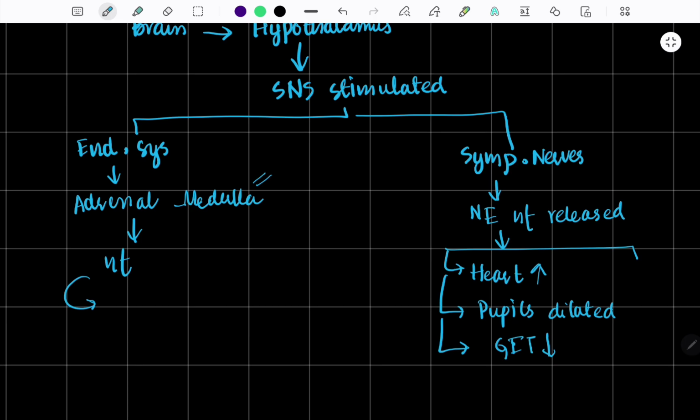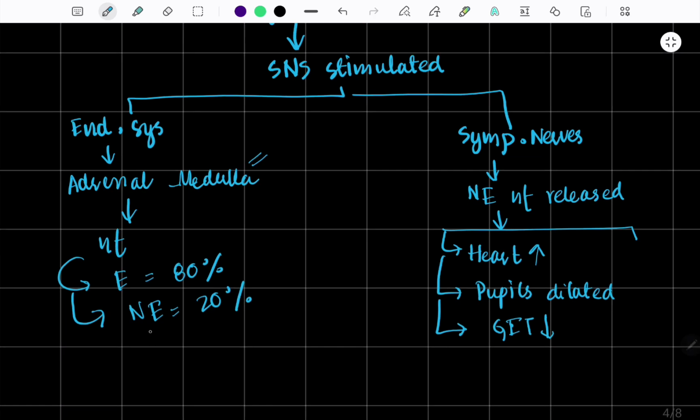Two types are released: epinephrine, 80%, and norepinephrine, 20%. Then these neurotransmitters travel to the bloodstream, and through the blood a prolonged response is generated, right?